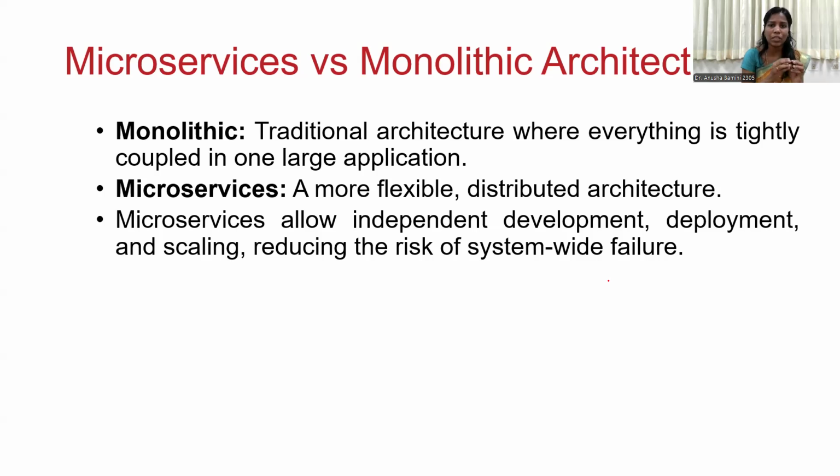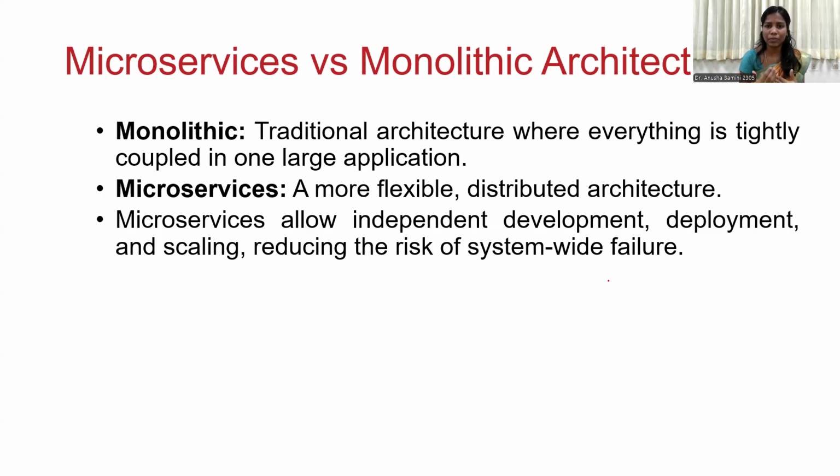In a microservice, each service acts as a separate module. But in monolithic, the modules are there but tightly coupled together. That was the drawback of monolithic. If an error happens in one single module, it affects the entire thing. That's why we are moving from monolithic to microservices.